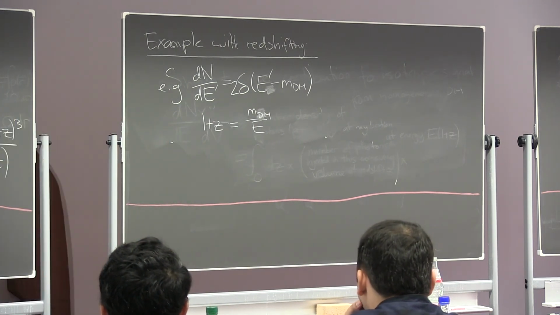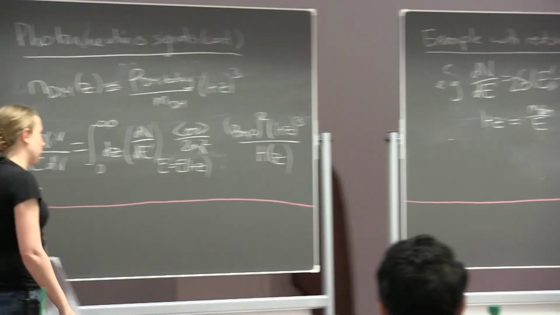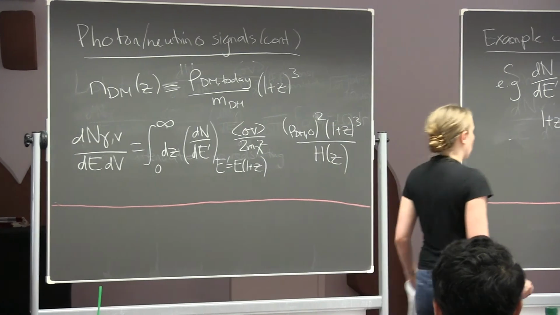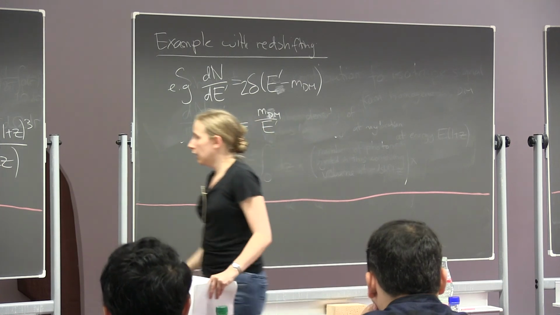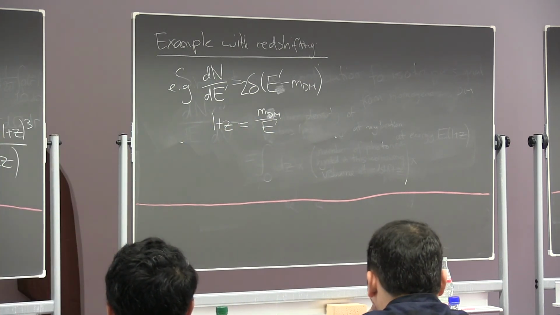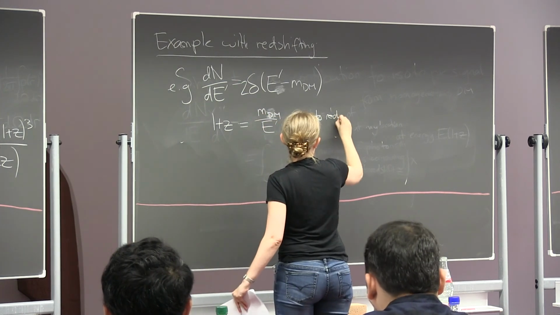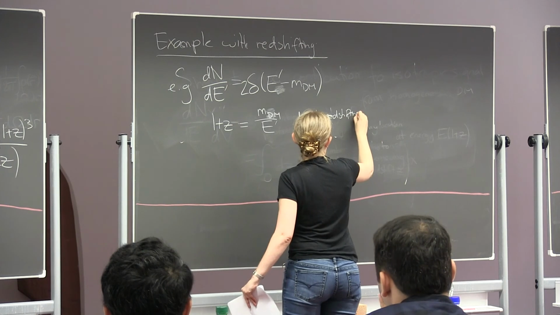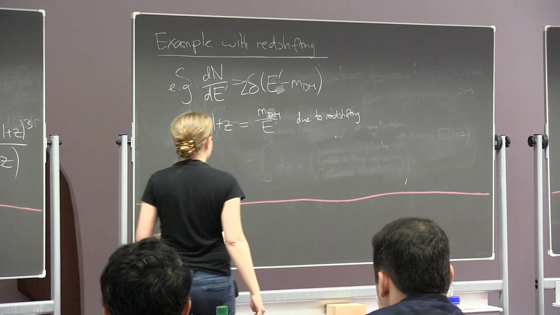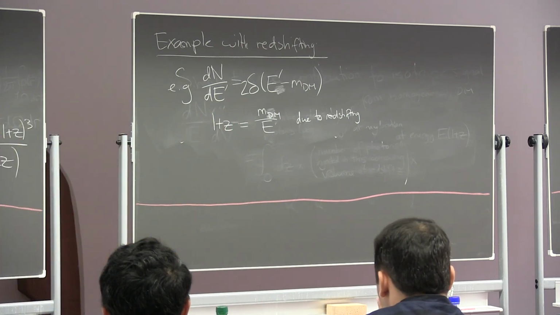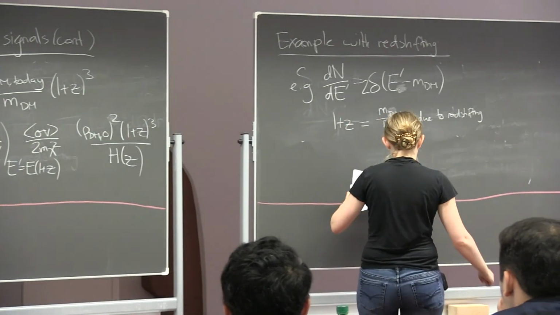Then I can turn this integral over dz into an integral over E prime, and just use the delta function to perform this integral. So then this 1 plus z cubed factor just becomes a 1 over E cubed factor.